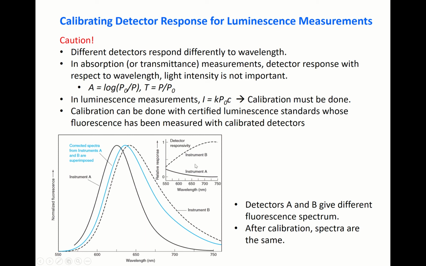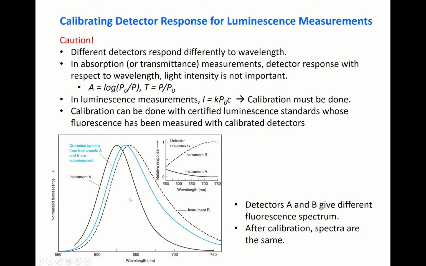Instrument B is much more sensitive than instrument A. Using detector A, you got this black solid line. But with instrument B, for the same sample, you got this dotted response. They are quite different.